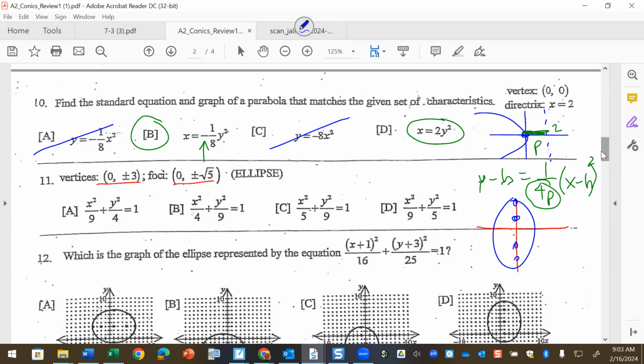Big number's got to be under Y. So there goes that one and that one. Good. Okay. Find for me this distance to the focal point was radical 5. That's baby C. Can you square it? What's radical 5 squared? 5.